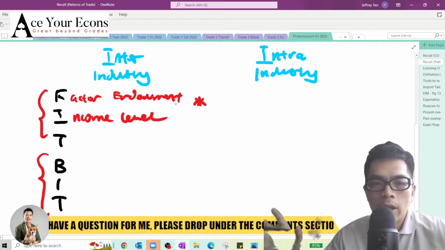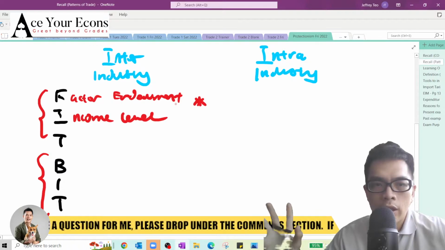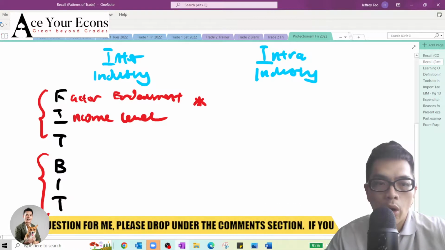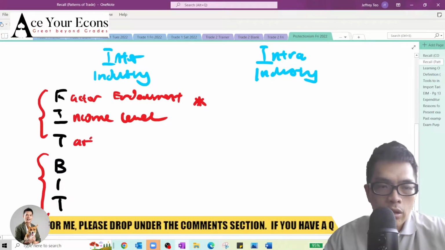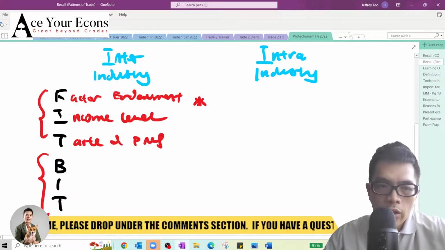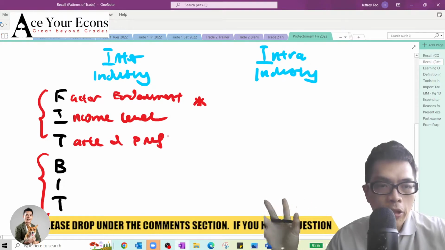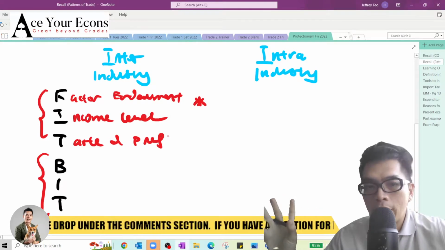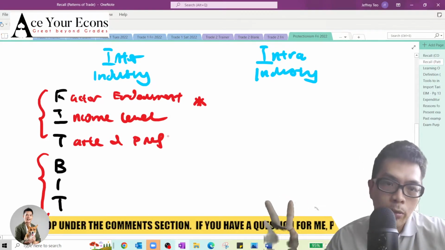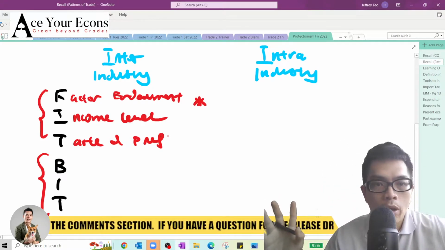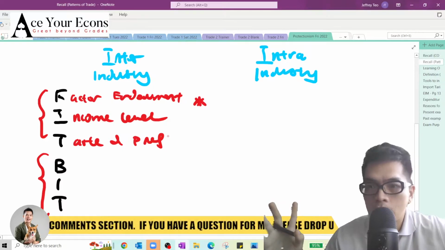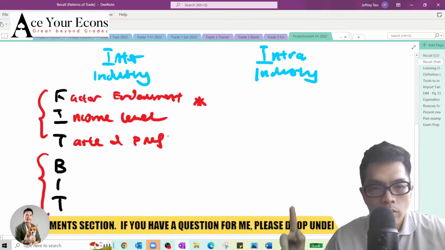So your income level will determine especially how much and what you import. Then taste and preference. I and T are similar to what we uncovered under your demand framework. Taste and preference will also shape what you are going to import and how much you are going to import.